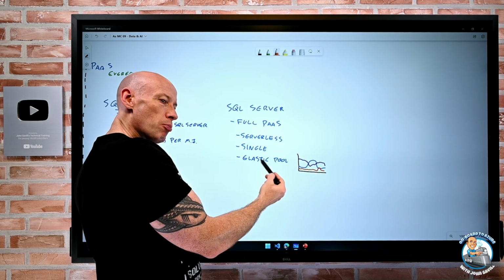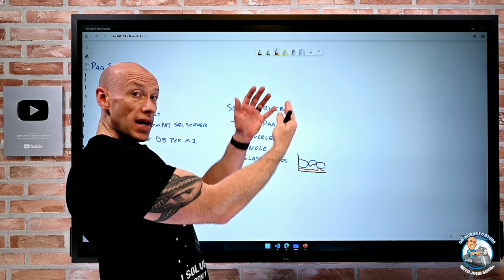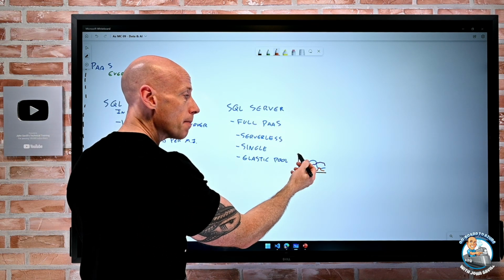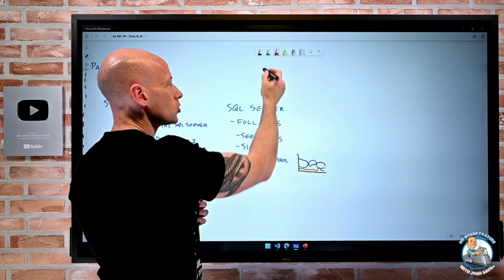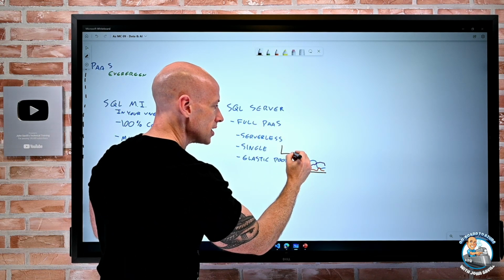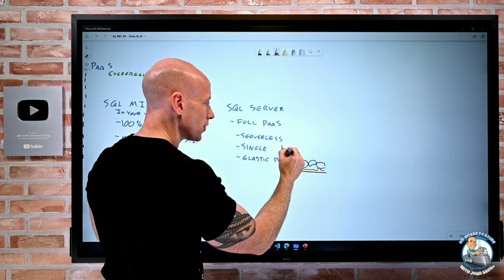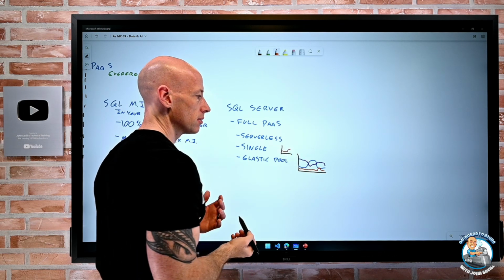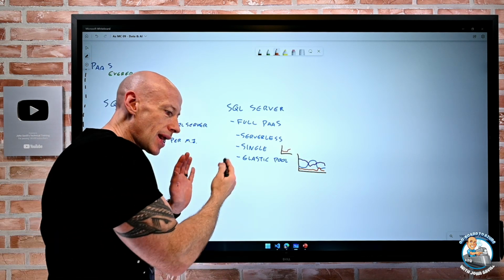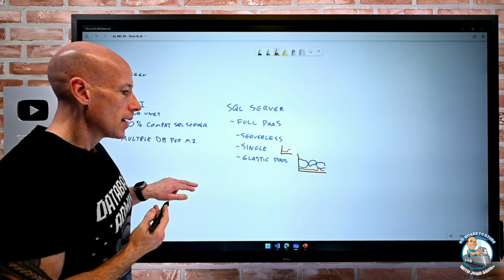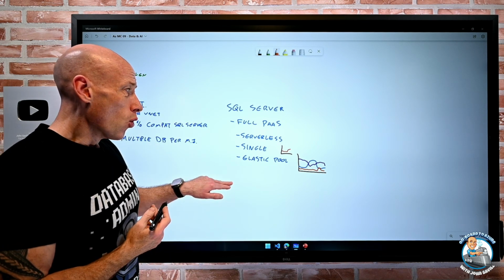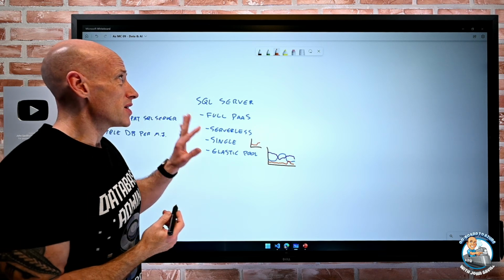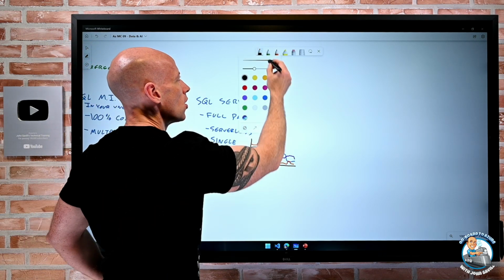If they're in an elastic pool, as long as they're not all peaking at the same time, I'm going to get a better utilization overall of my resource compared to single, where the resource is reserved for a particular instance of a database. So that's where elastic pool can be really useful. There's also, for SQL, hyperscale.